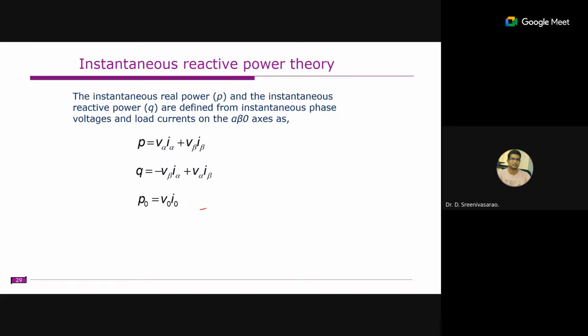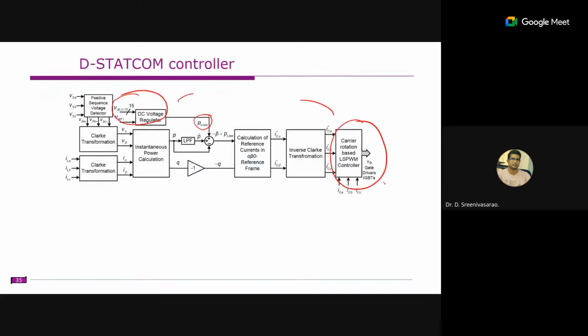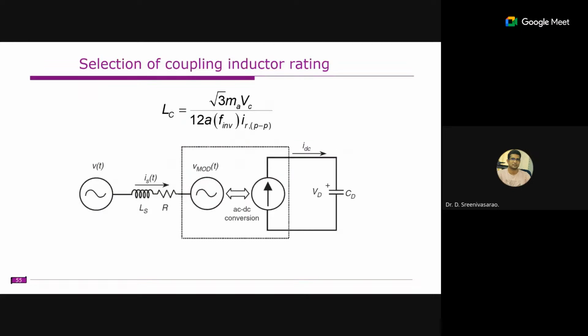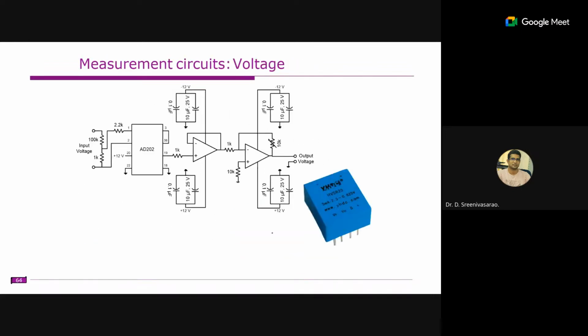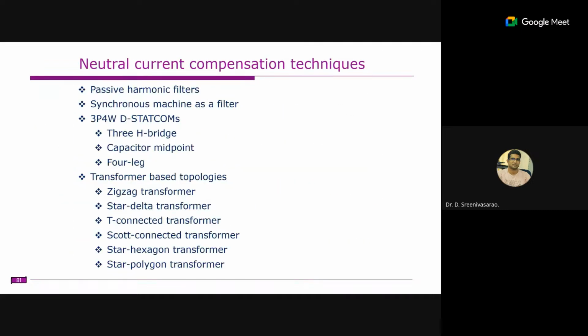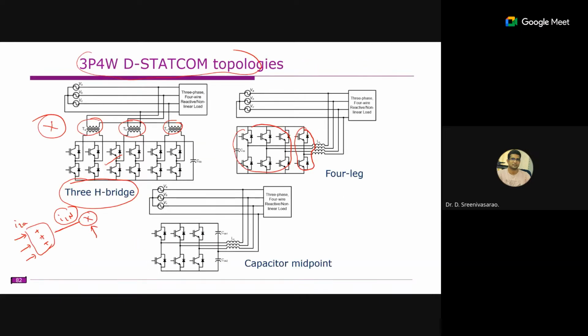So we need to include this power coefficient in the controller as well, right? This matrix will be elongated, and you will get this third element for the neutral current compensation. Okay. So this is how it is compensated in case of this topology, right?